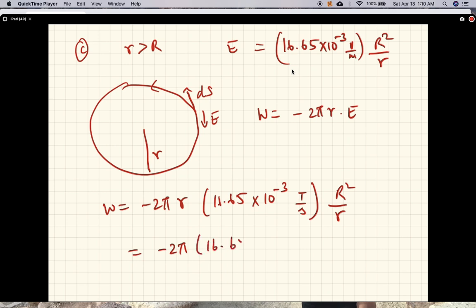So this is not dependent on r. Okay, now we can put in all these values.